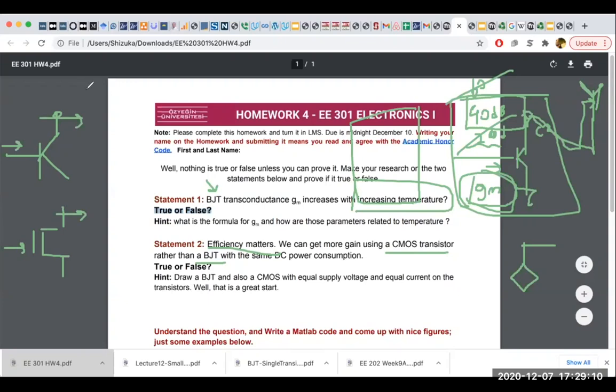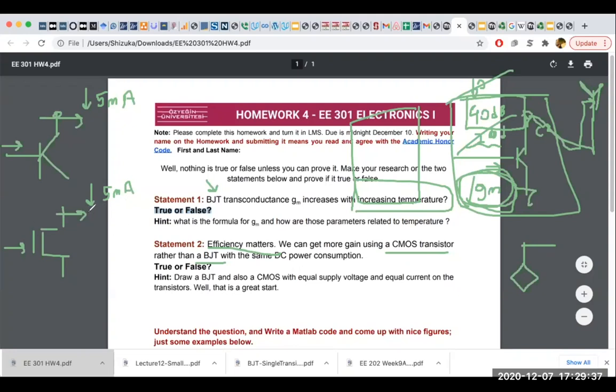Just apply the same current, say 5 milliamps, and then find the GM similarly. Find which one will provide a higher GM.